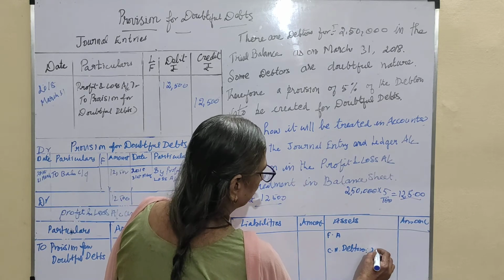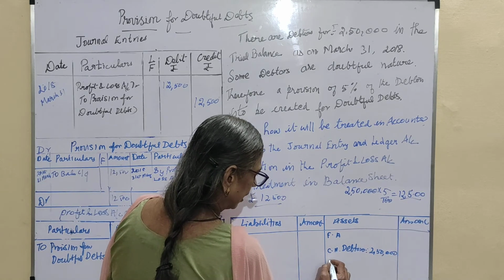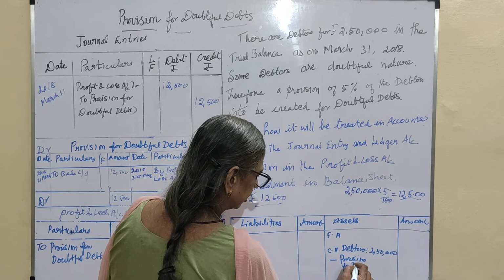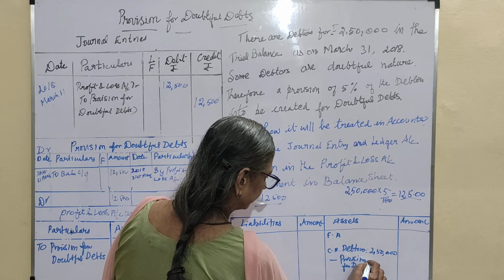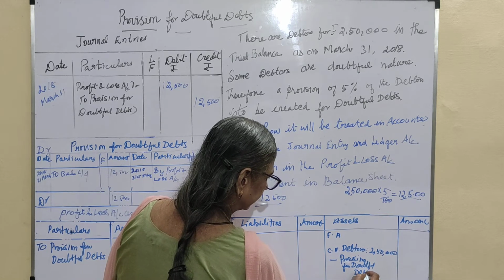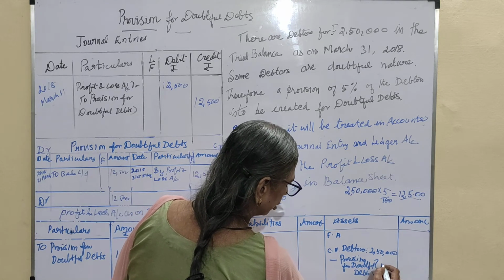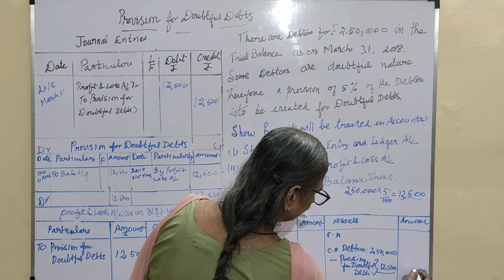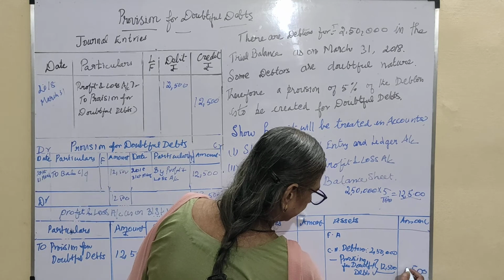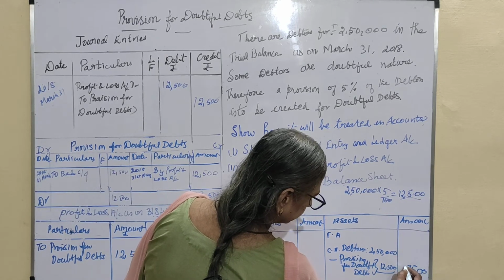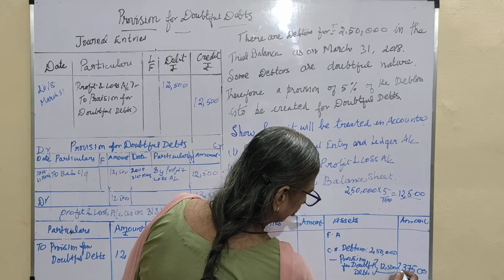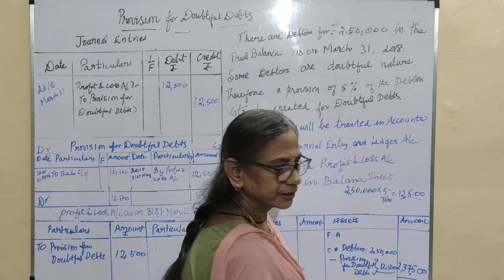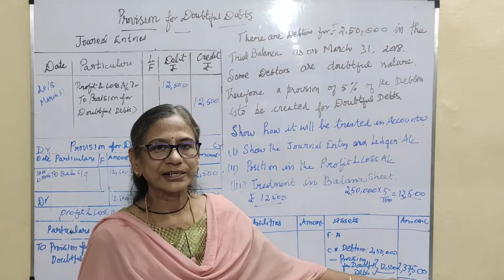Debtors 2,50,000 minus provision for doubtful debts 12,500. The balance is 2,37,500. The good debtors are 2,37,500.